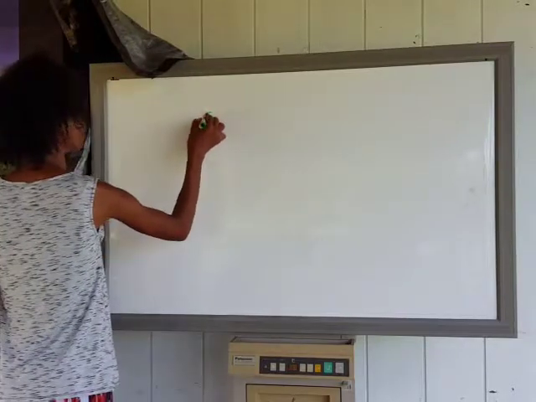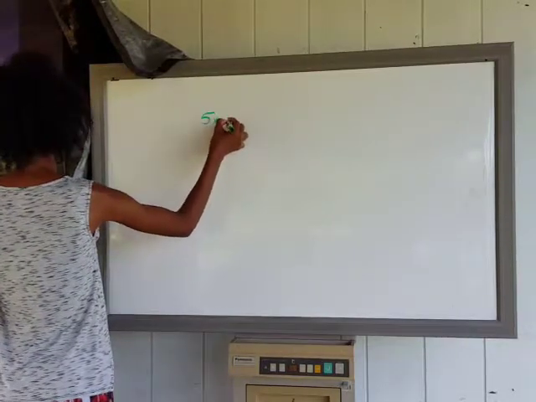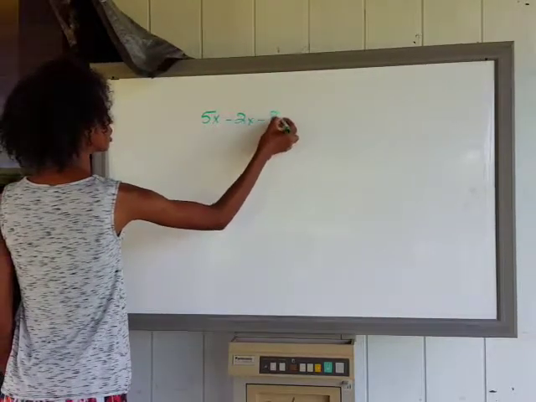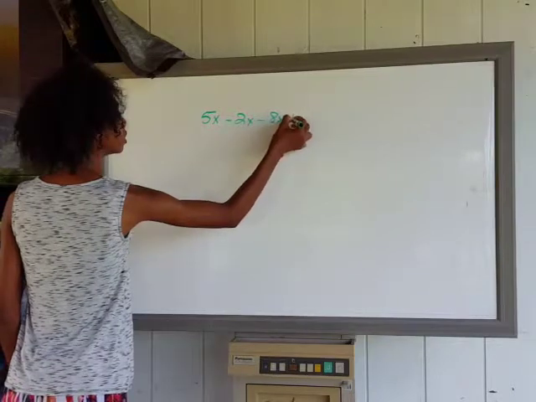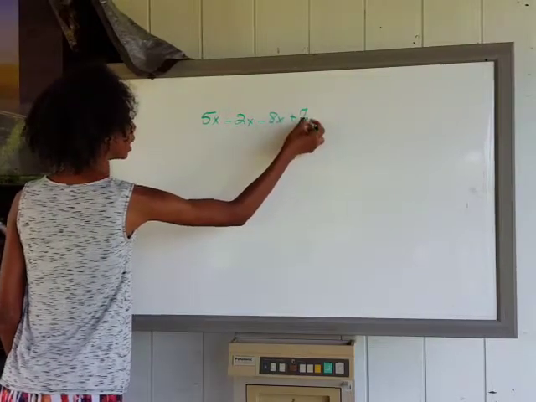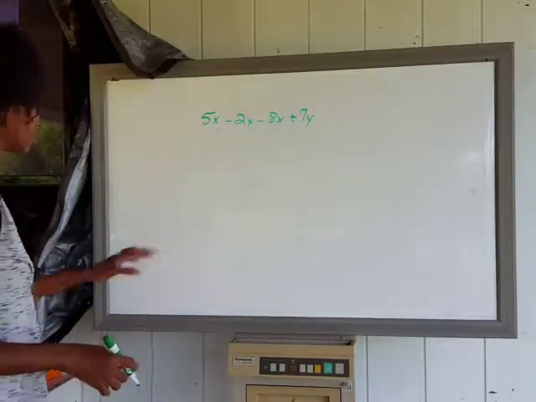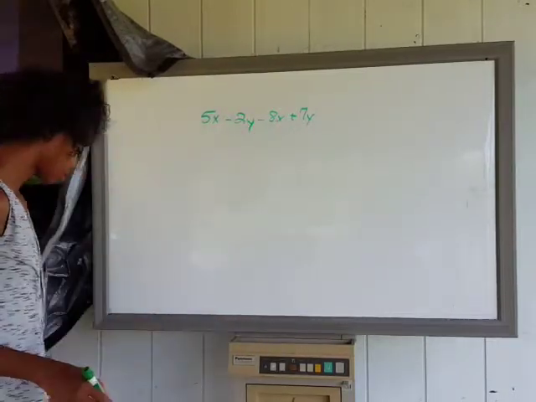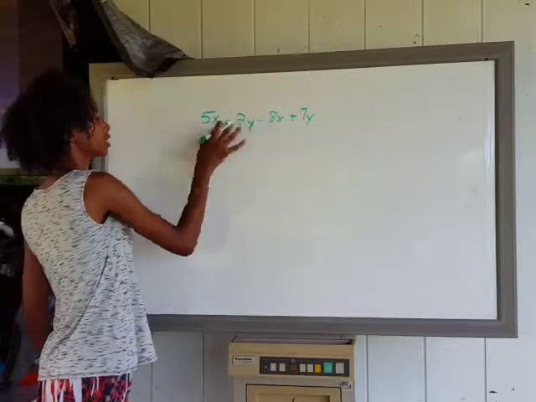Okay, so for our first example, we have 5x minus 2y minus 8x plus 7y. So we have x's and y's.